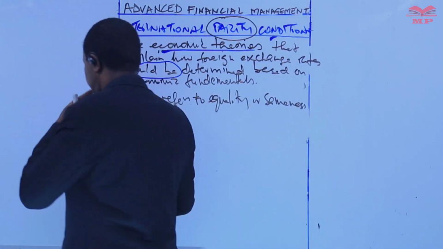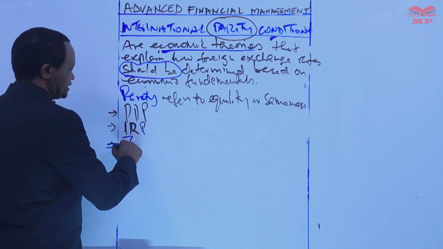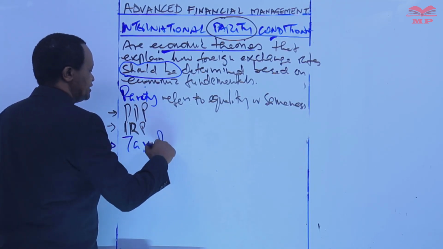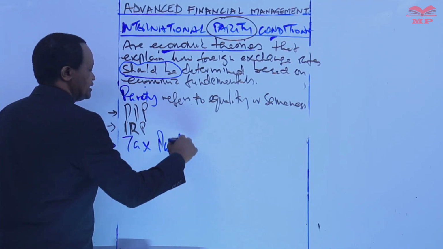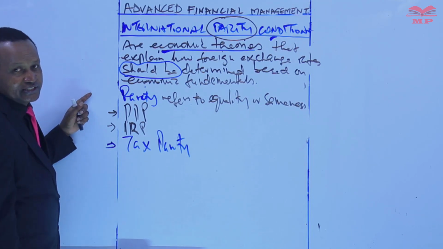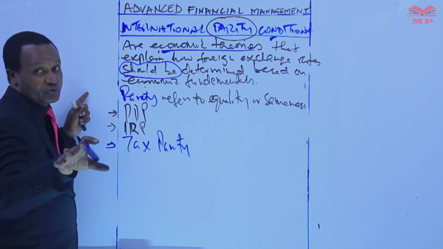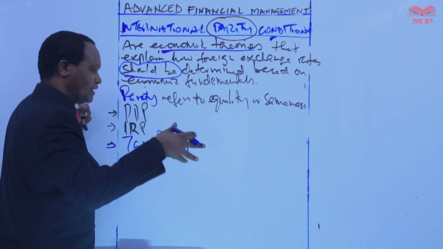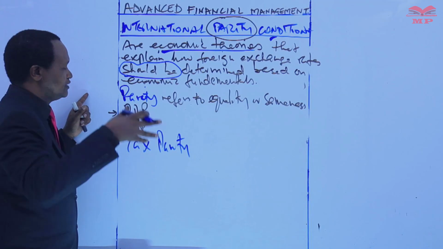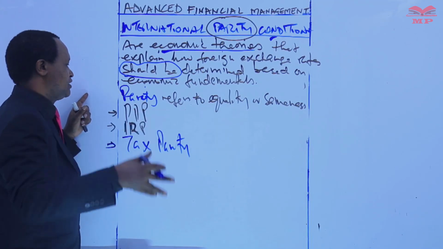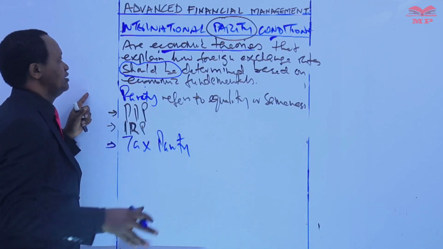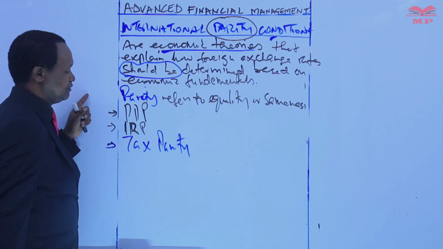We may even have what we call tax parity. Now, tax parity, on the other hand, refers to the idea that taxpayers in different jurisdictions should face a similar tax burden. That is the idea behind tax parity.